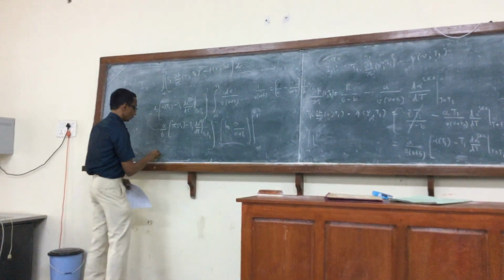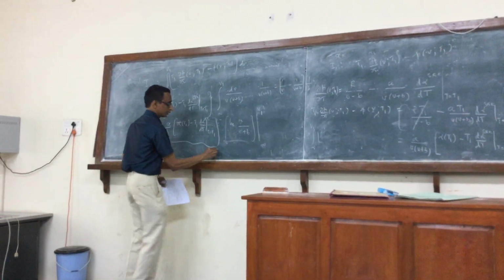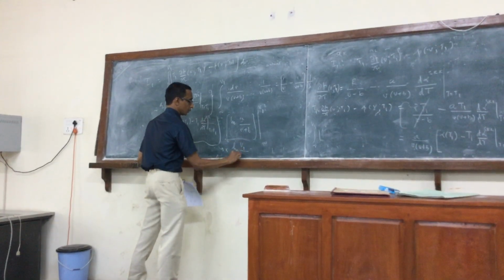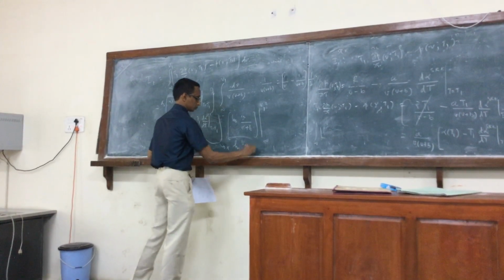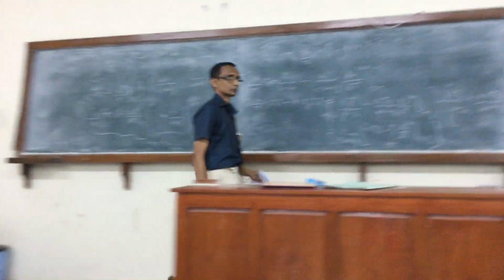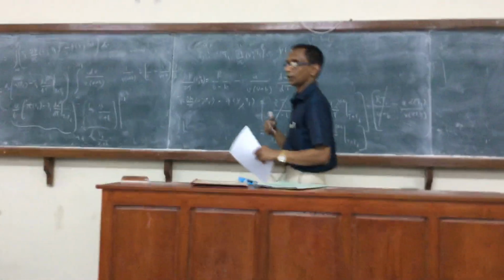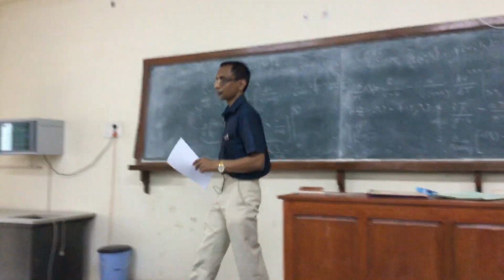So we get all of this factor times logarithm of B1 by B1 plus B. That's all. That automatically I1 will give you the internal energy departure function.